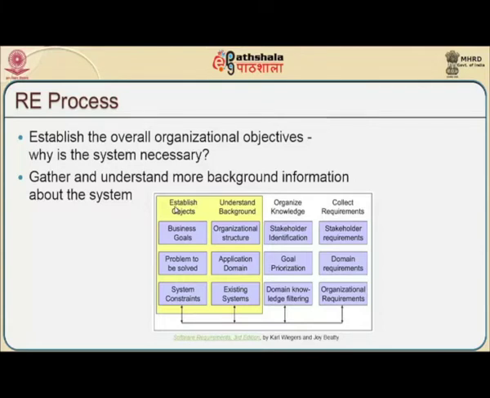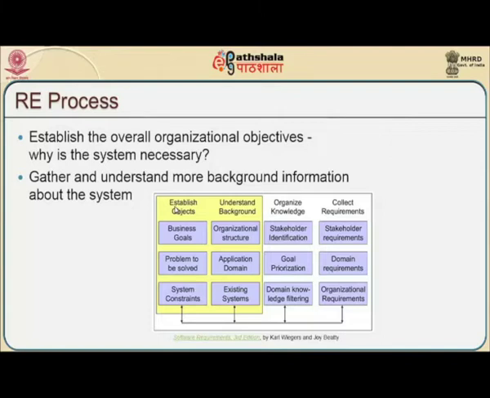organize the knowledge. In case of organizing the knowledge, we may have to identify the stakeholders. We will go for the prioritization of various goals. Many a time the stakeholders or the users don't want prioritization, but as developers we may have to prioritize the entire goals, and domain knowledge filtering is also very much essential.